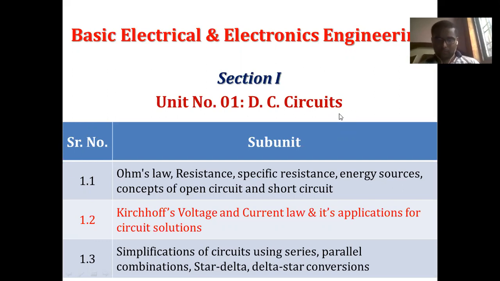Alternating current. Good. Now, hope everyone has noted the title of unit number 1, which is DC circuits. In this topic, a total of 3 subunits are there. So all of you, please note it down.